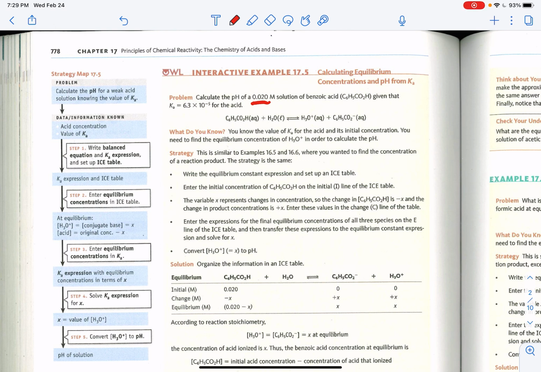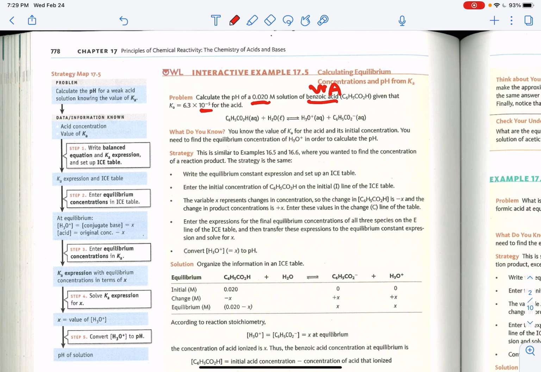It's relatively hefty for a concentration. We have benzoic acid, which we know is a weak acid. And then we got 10 to the minus fifth here. 10 to the minus fifth tells me that this is a lot smaller than the Ka in the previous problem. So there's a good chance I can ignore the minus x part. So I'll keep that in the back of my mind.